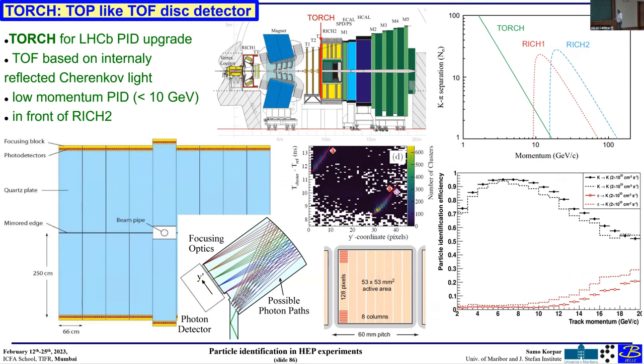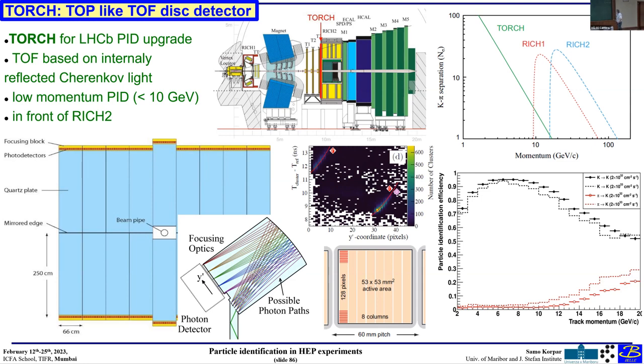It would be quartz plates in which the photons propagate as in TOP, and they also use focusing at the edge. Basically, there is a detector with focusing to split the colors, and then you can get this dispersion relation nicely separating the timing and the position, so that you can get better timing than without focusing. And they expect to get a very nice separation in this range from 2 to 10 GeV.